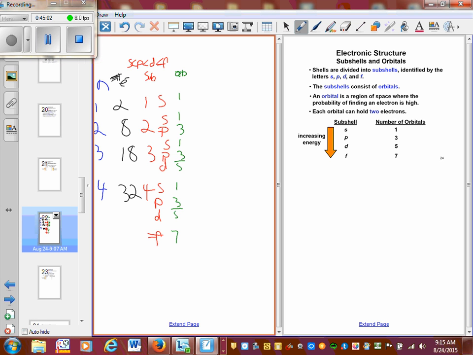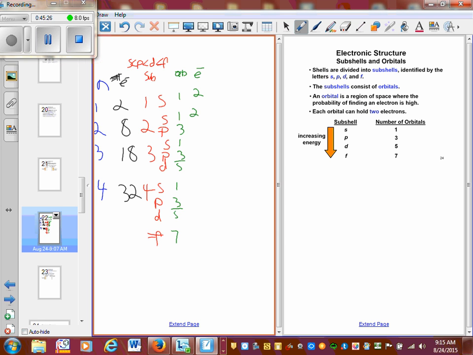So here we're going to go the electrons. So S has 1 orbital. How many electrons can it hold? 2. So here it can hold 1 orbital, 2 electrons. P has 3 orbitals. How many electrons total can it hold? 6. 2 in each of the orbitals.